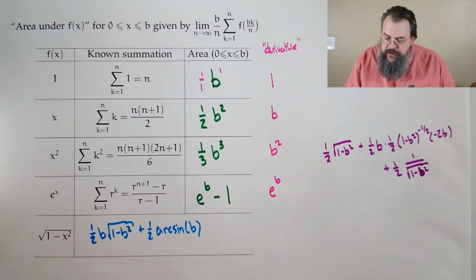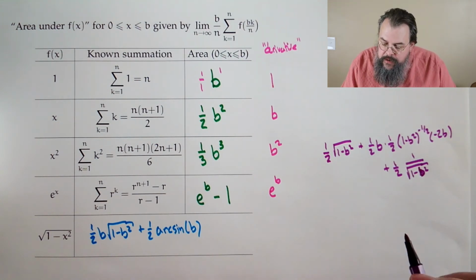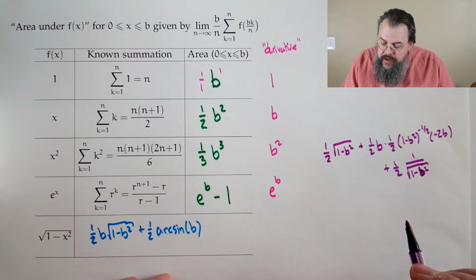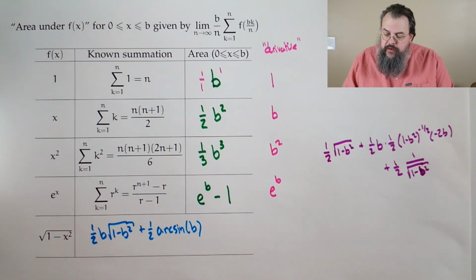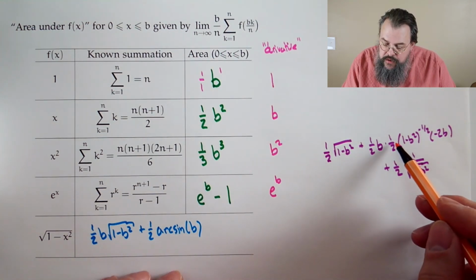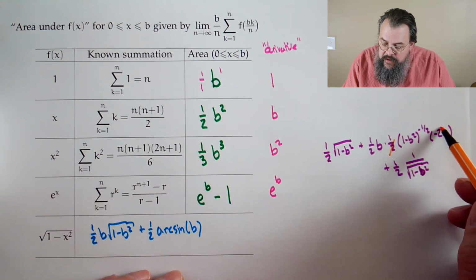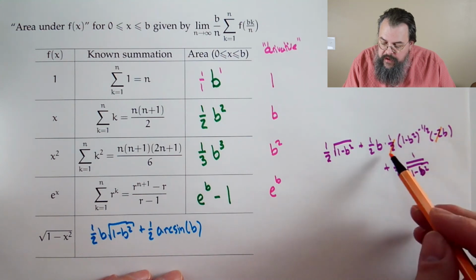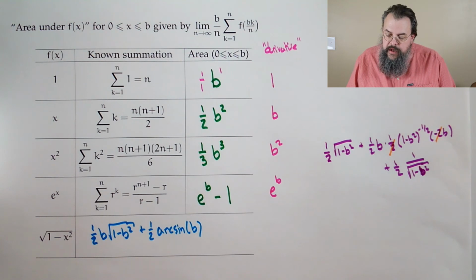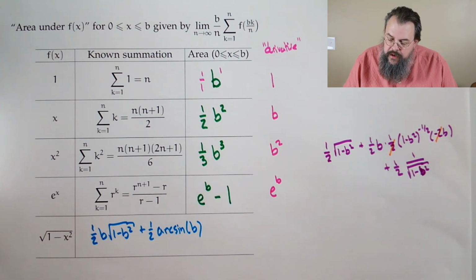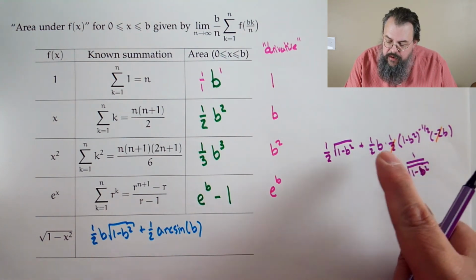Well, lots of halves floating around here. Well, what can we do? Let's see. Well, we can do a little bit here, right? Because there's a 2 and a minus 2. Okay, that's something. And what else do we have? Well, we have a bunch of 1 minus b squareds.